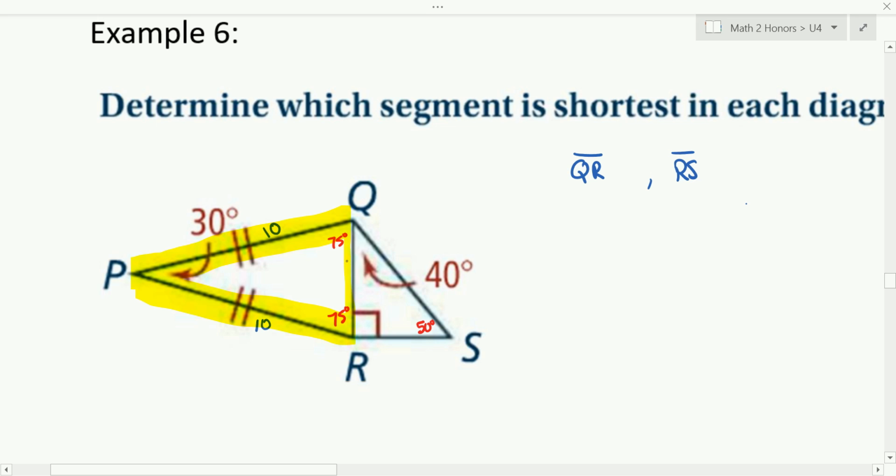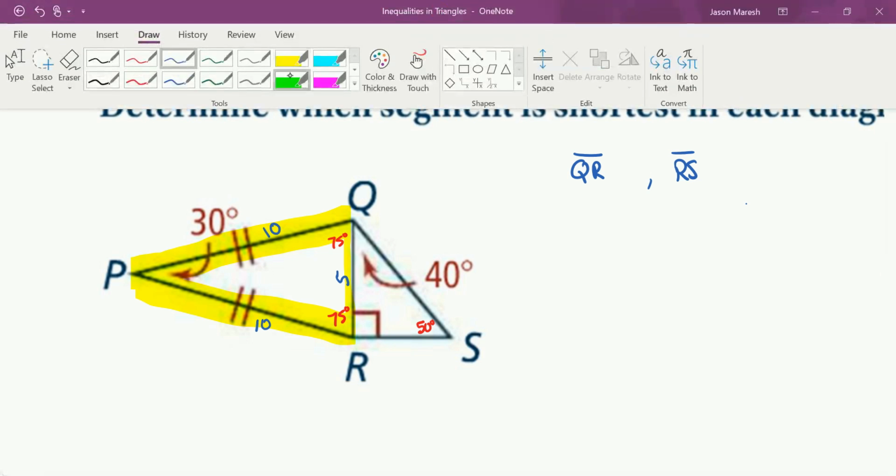Everybody agree that QR has to be the smallest side? Why? It's that theorem that said if you have angles that are different, the smaller angle has to be across from the smaller side. So I'm going to make this, I don't know, 5. It probably doesn't go with those angles, but it has to be the smallest side. Now let's transition, because that side that we just marked is a shared side.